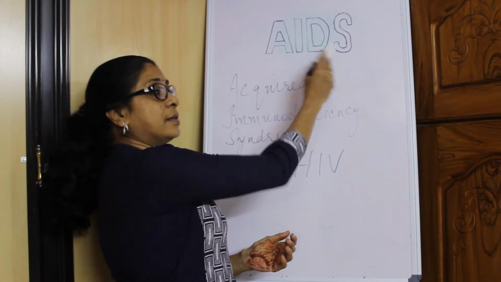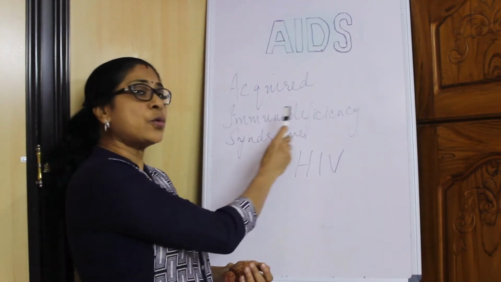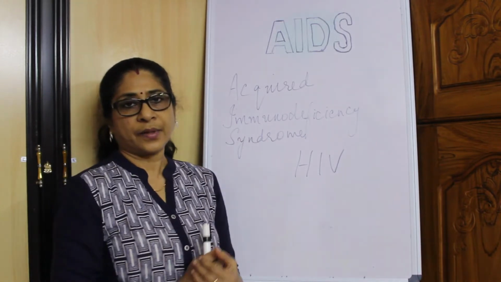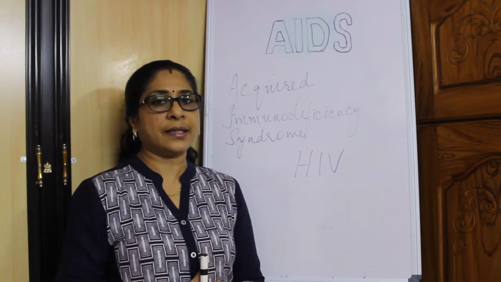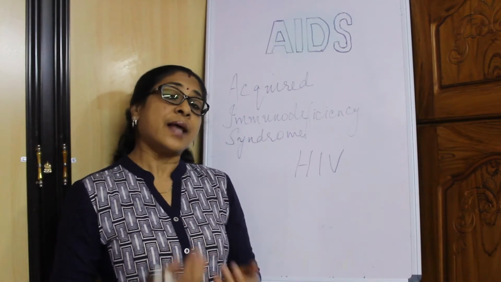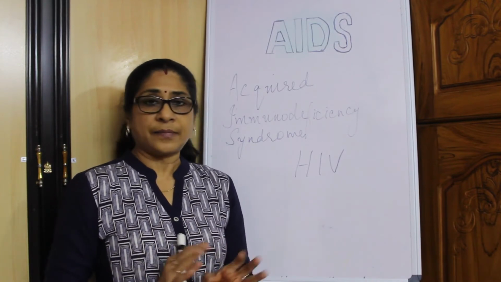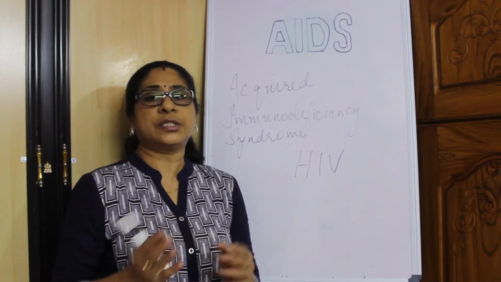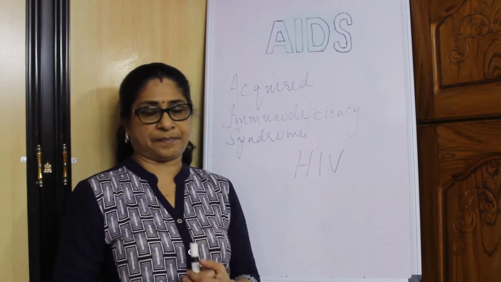The word AIDS stands for Acquired Immunodeficiency Syndrome. Let us dissect each word and see what exactly it means. The word acquired means that which we acquire in our lifetime. Something that we don't genetically inherit, but we have acquired it in our lifetime.